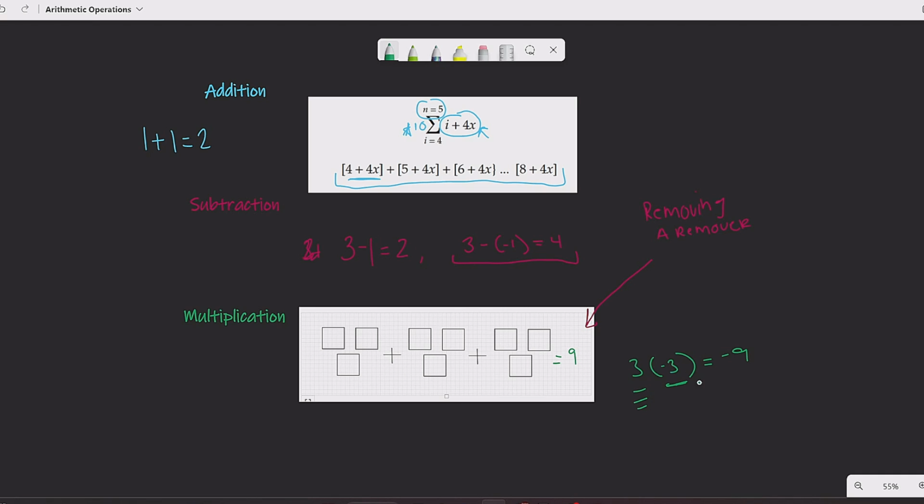But now we have this negative value here. We are removing a remover. And so, well, in this case, we actually aren't removing a remover. We are actually increasing the remover.